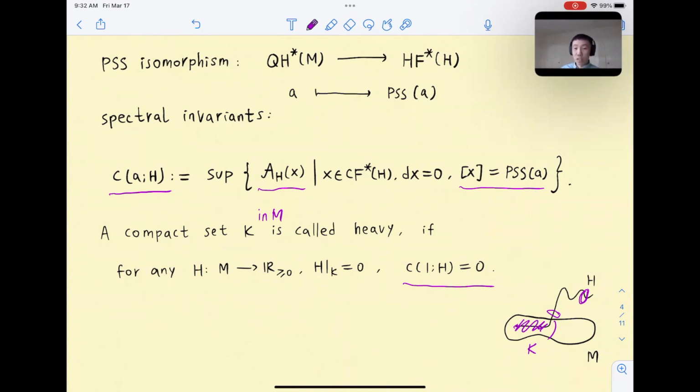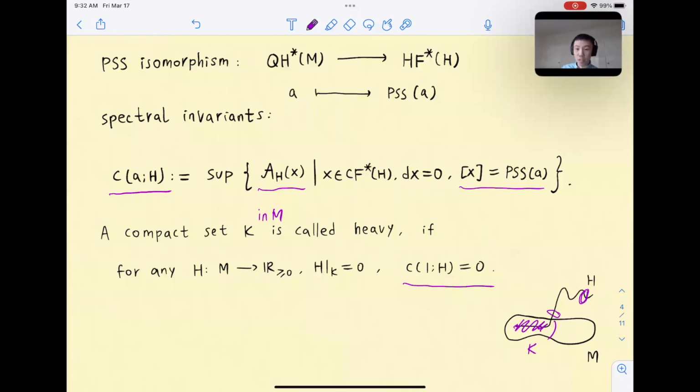Another remark is that during this talk, when I say heavy, I always mean heavy with respect to the unit. In general, they also define heaviness with respect to any idempotent. But for simplicity, I will just restrict to the unit case.